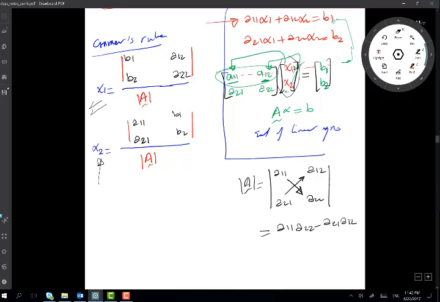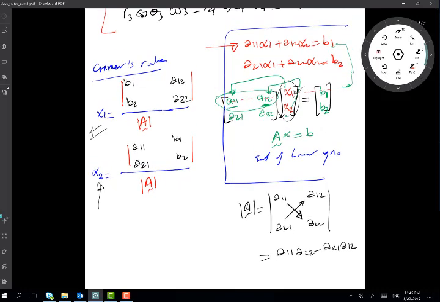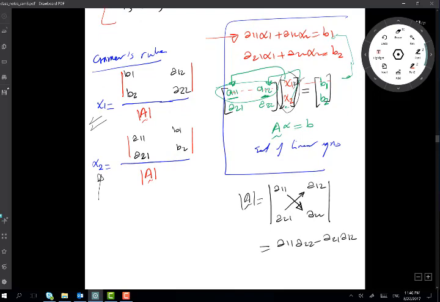This is the determinant, as simple as that. It's really important that you realize the determinant is just a scalar quantity, because when you multiply that, you get a numerical value. So expect to get a scalar quantity.